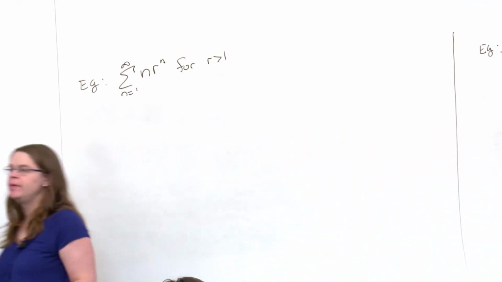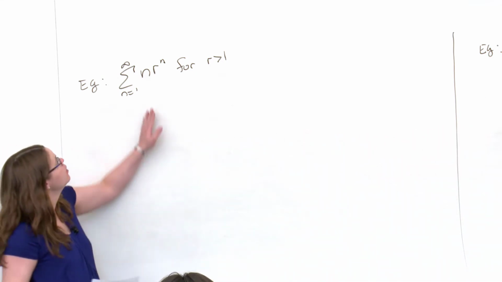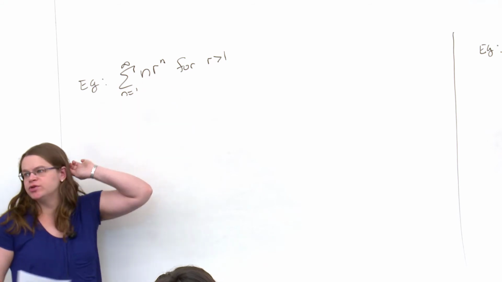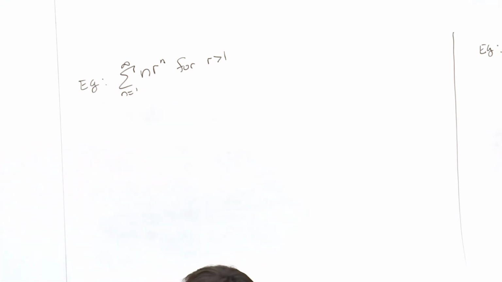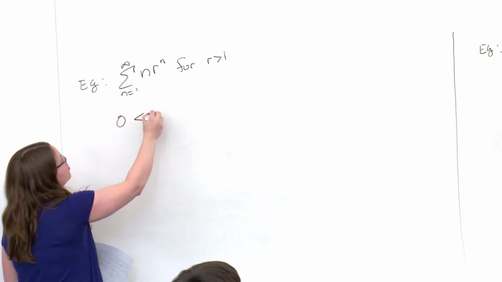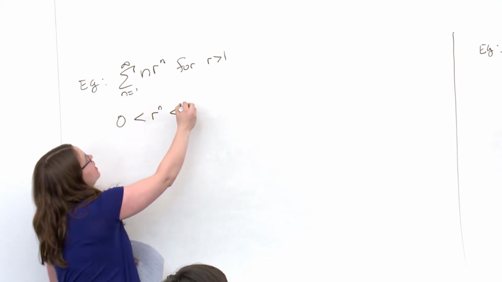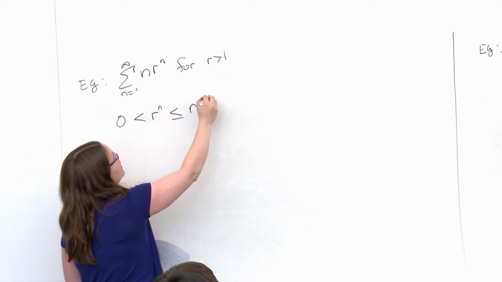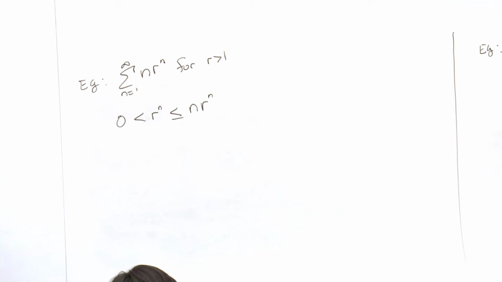One way would involve the comparison test, where we'd say, well, this looks pretty similar to a geometric series, but there's an extra little bit in there. So we can look at this and say, well, we know that 0 is less than r to the n, is less than what happens when we multiply by a number that's bigger than 1.